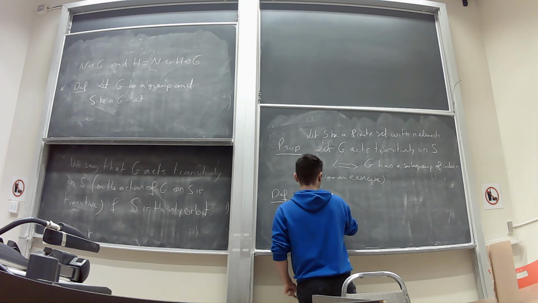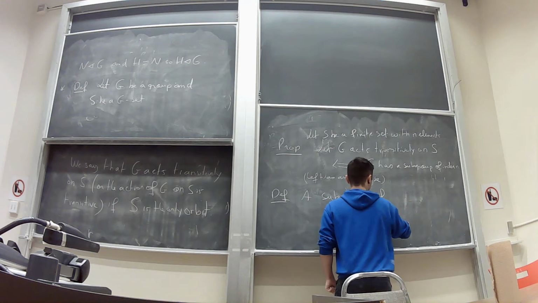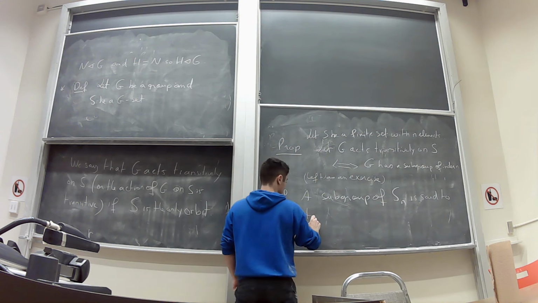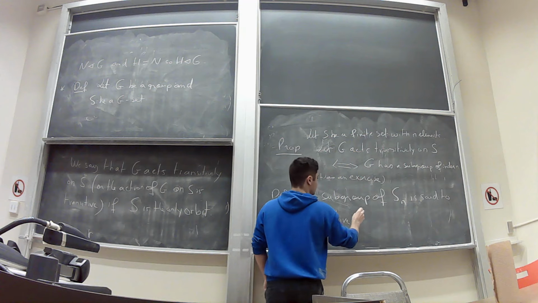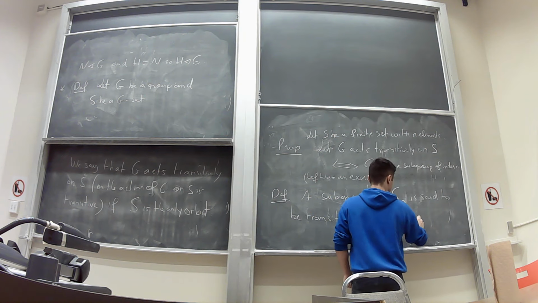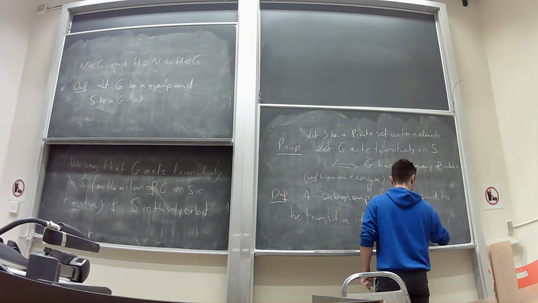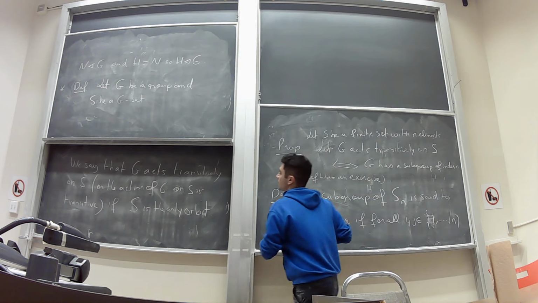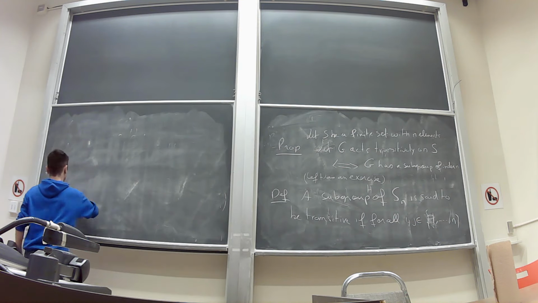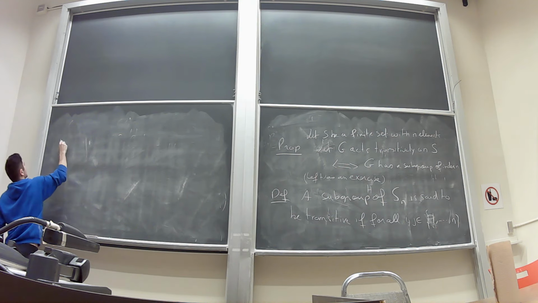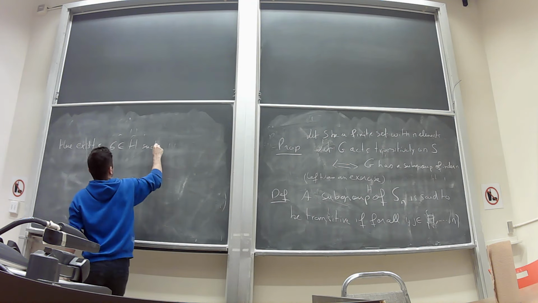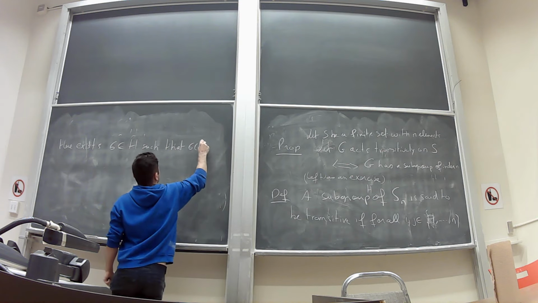A subgroup H of Sn is said to be transitive if for all i, j in 1 up to n, there exists sigma in H such that sigma(i) is equal to j.